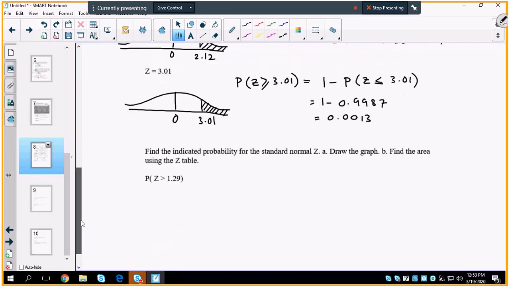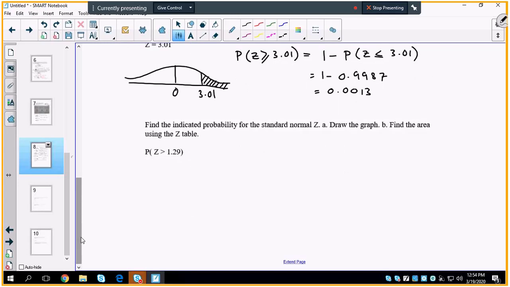Similar problems. Find the indicated probability for the standard normal Z. Draw a graph. Find the area using Z table. So still doing the same thing. Z greater than 1.29. So I'm talking about the right hand side. And I will say mean is 0, 1.29, and I want this. Well, how do I interpret that? I say that this is equal to 1 minus probability of Z less equal to 1.29, which comes from the table and would answer my question.